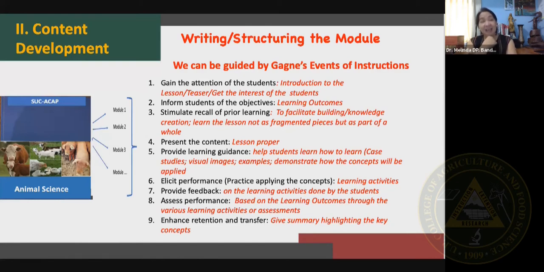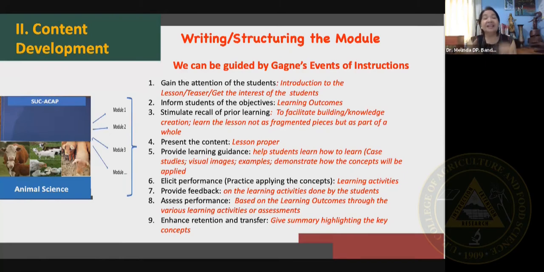Saan nanggagaling ang bunga ng mga puno? So that madali silang makarelate at madali silang matitrigger yung kanilang pag-iisip. And that will make them appreciate the lesson because they already have the practical application of the knowledge that they will gain from the lesson that will be discussed.